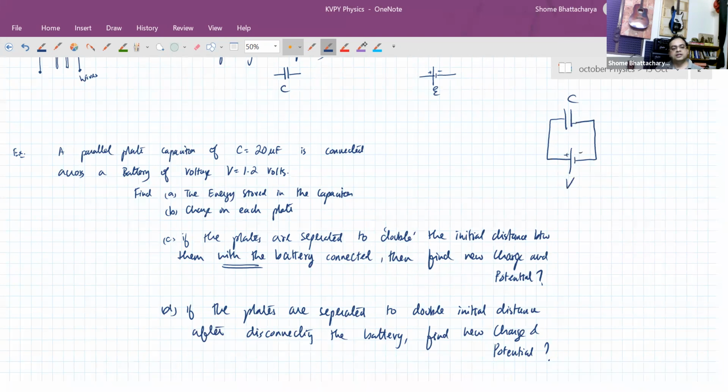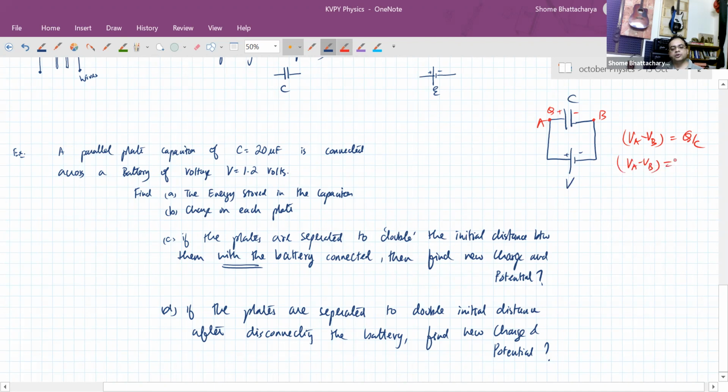So what will happen is that the capacitor's left plate will draw positive charge from the battery, the right plate will draw negative charge, such that now if this point is at a potential A and this point is at a potential B, the potential difference between the plates of a capacitor is given by the formula Q by C. And similarly, the potential difference between the plates A and B is equal to the potential of the battery also, because it's connected to the terminals of the battery, the points A and B. So by seeing these two, you can see that Q by C is equal to V.